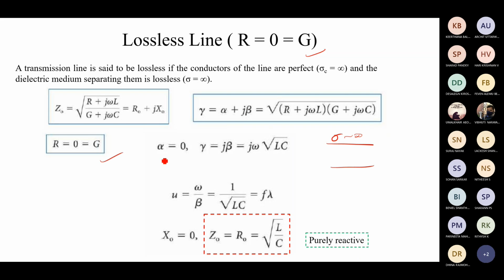So we get this condition, and there are some interesting advantages: the impedance becomes the square root of L over C, since the R and G values are gone. So the impedance is purely reactive, which is very advantageous. In fact, you also get the velocity quite the same as the regular velocity in the air medium.